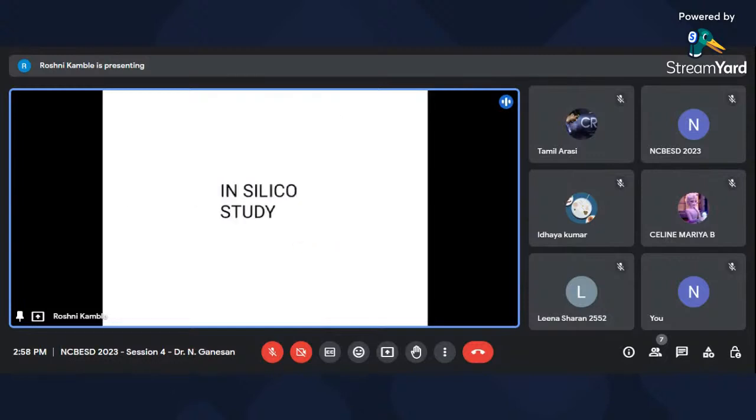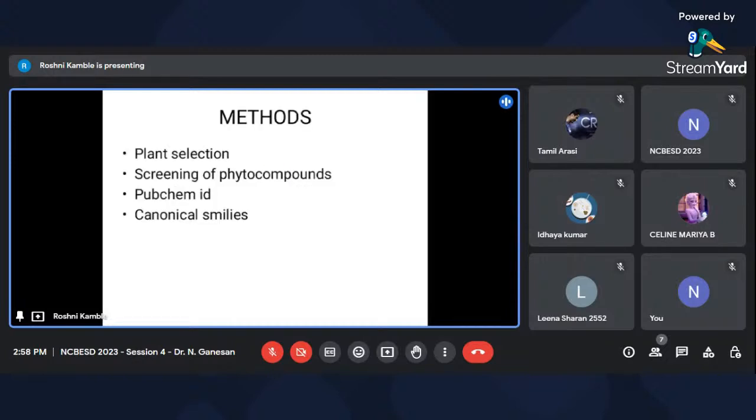So the in silico study has been done. For that, the plants were first chosen by literature search. Then the screening of phytocompounds of all the three plants, their PubChem IDs and canonical SMILES.